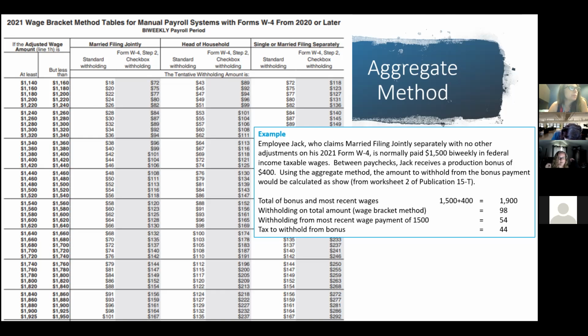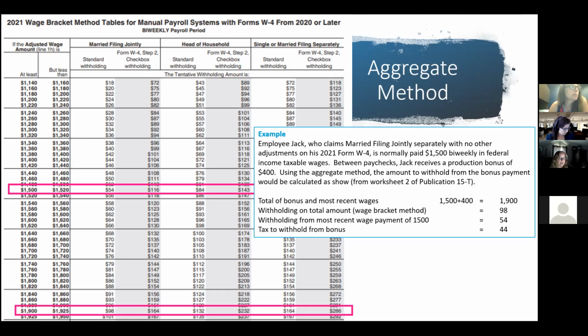So we're going to take his $1,500 that he was paid and his $400 bonus, and add them together to get $1,900. If we look at where his normal taxable wages fall on the bracket, we get that he should be withholding $54. If we look at the two together, we get 98.